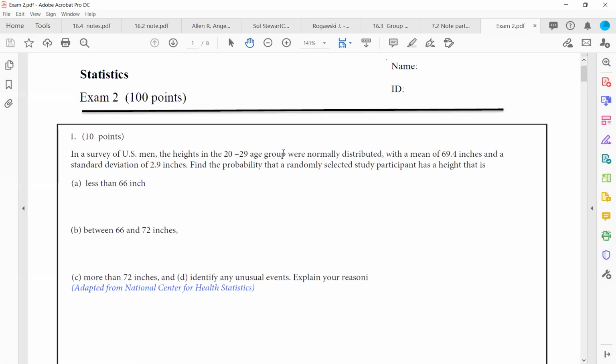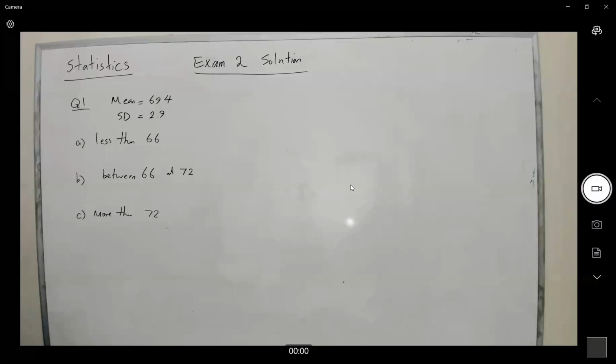C says more than 72 inches, and identify any unusual events. So let us get back to the board and solve this.